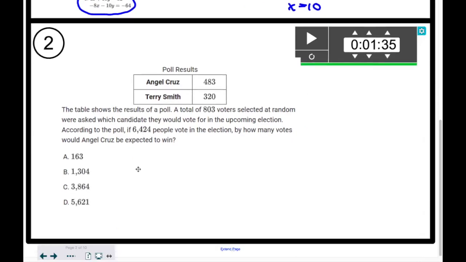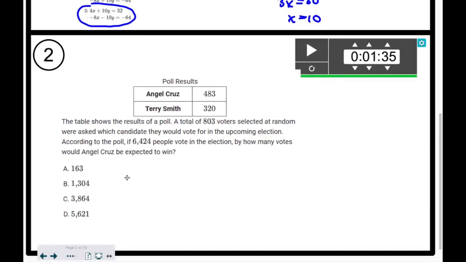Okay. Number two, looks like a proportion problem. So we've got 803 voters, and according to the poll, we have this many people voting, and it asks how many votes would Angel Cruz be expected to win? So they're talking about out of the total.